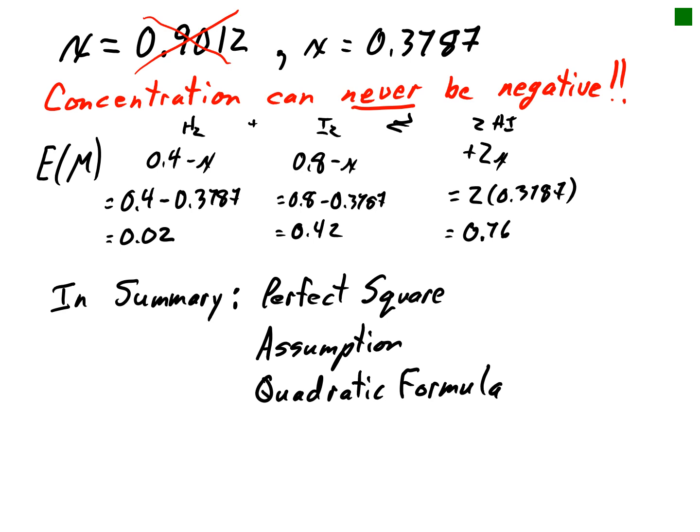And each of these has a specific situation. Generally speaking, the assumption will be used whenever you run into a cubic or that value of k is really small or really large. Perfect square is kind of that unusual thing to avoid having to use a quadratic formula because it's faster than using the quadratic, but just be expecting that you're going to have to use a quadratic formula.